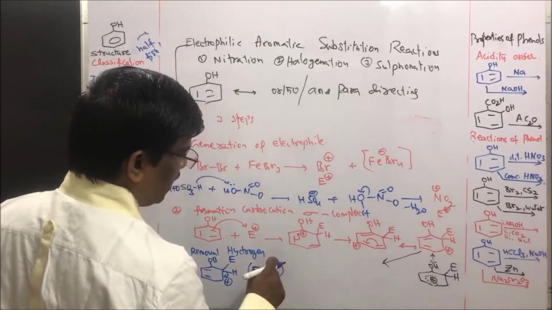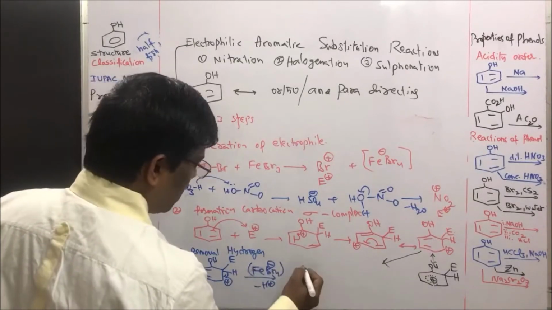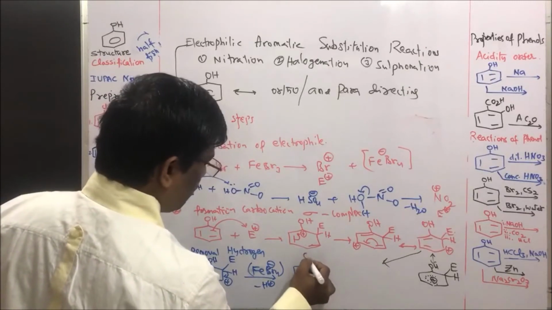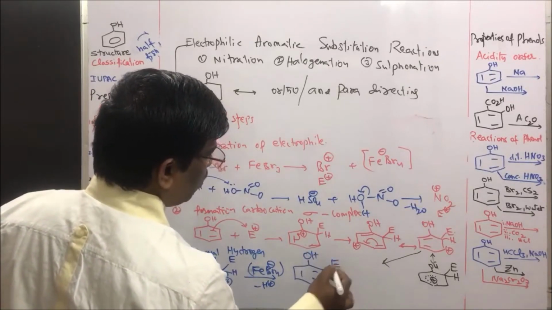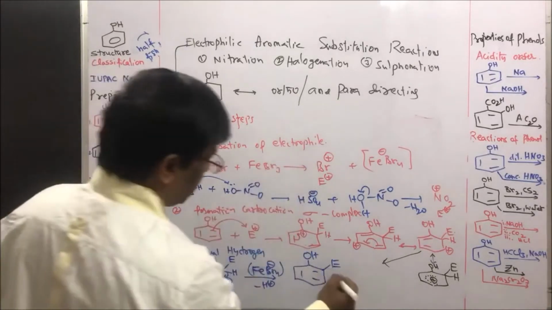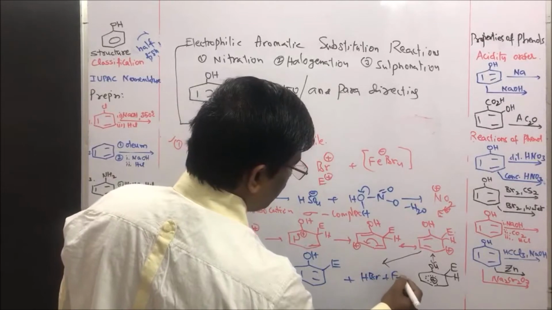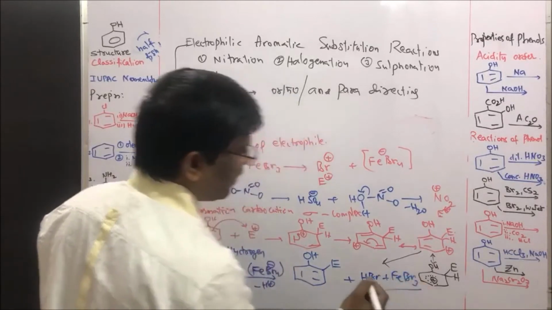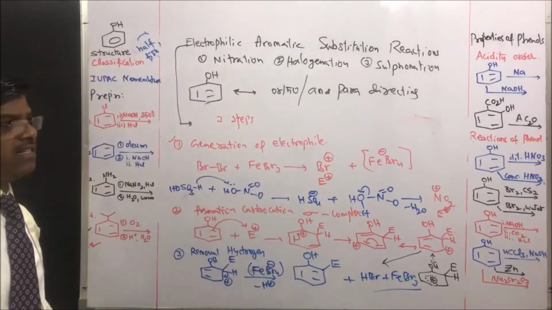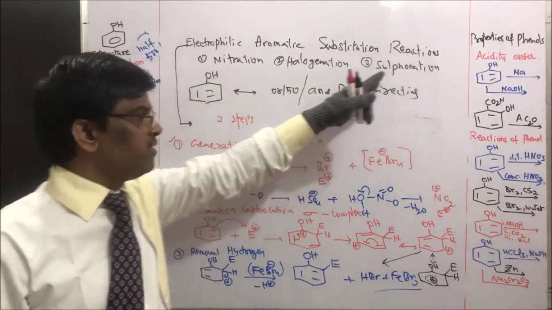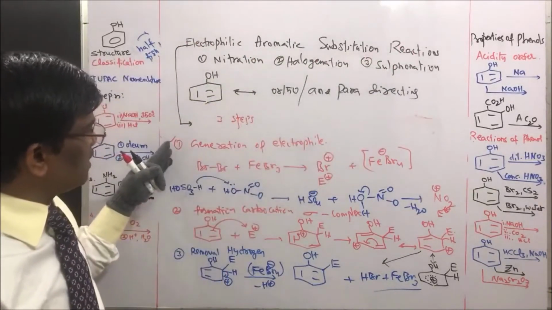This H plus is going to be taken by bromine and now we are with the electrophilic substituted compound. It can be a nitro group or bromo group, and this is HBr plus ferric bromide, and this is going to act further as an acid catalyst. So this is how electrophilic aromatic substitution reaction takes place, where you will have three stages.